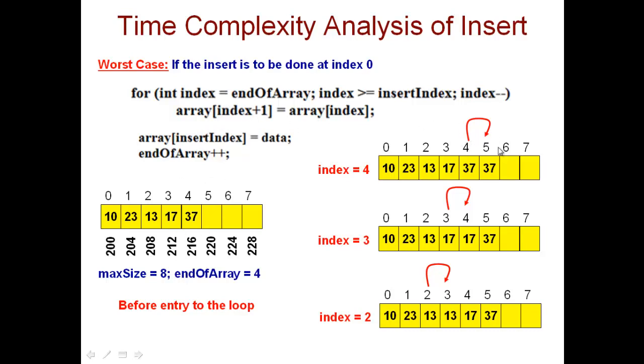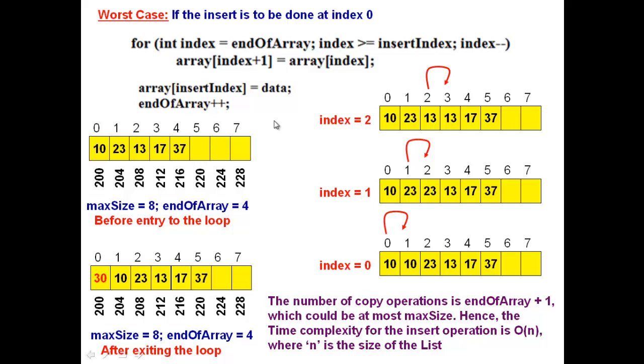So we'll be copying that 37 to the right, and then at index 3 we'll be copying the value to index plus 1, which is 4. So we'll be doing this copying for every index starting from index 4 all the way to index 0. We'll be copying the value at index 0 to index plus 1, which is 10. Once we are done like that, index will be 0, now decremented, it will be -1. So -1 is not greater than or equal to 0.